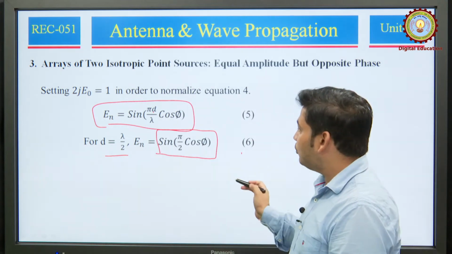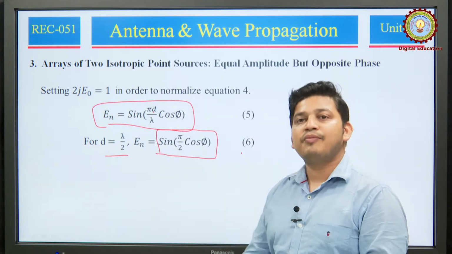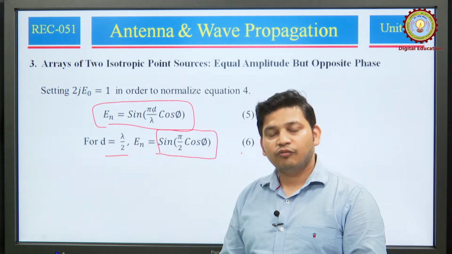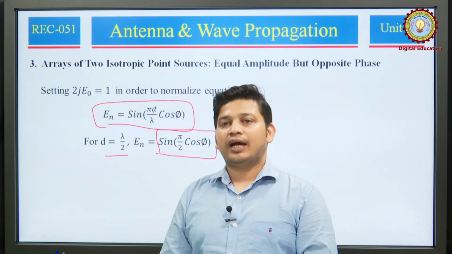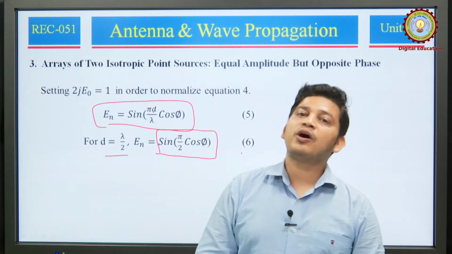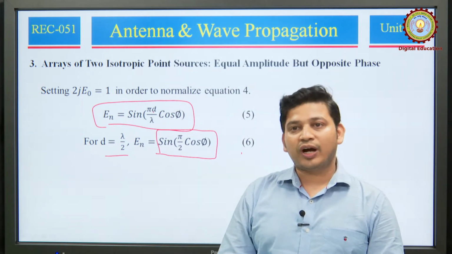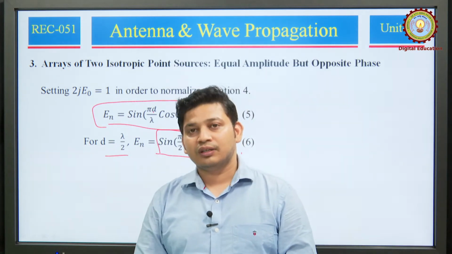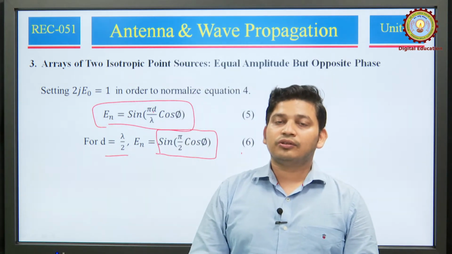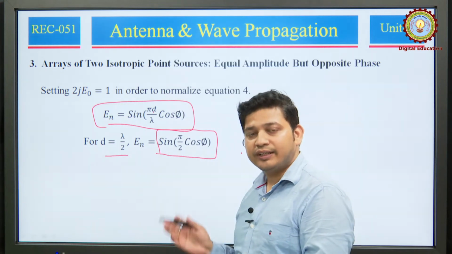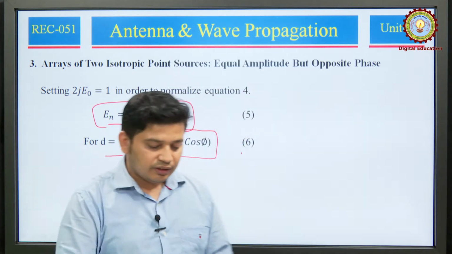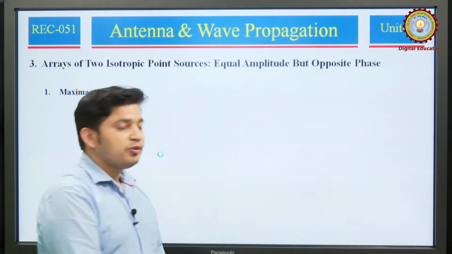So, again we have to find the maxima points, locate the minima points, and then find the half power points, because we have to identify the half power beam width and the first null beam width. This can be discussed in the next slide. So, let us go to the maxima point evaluation.